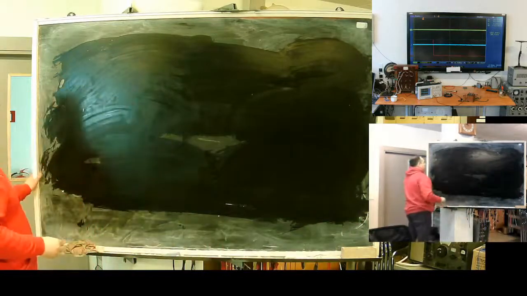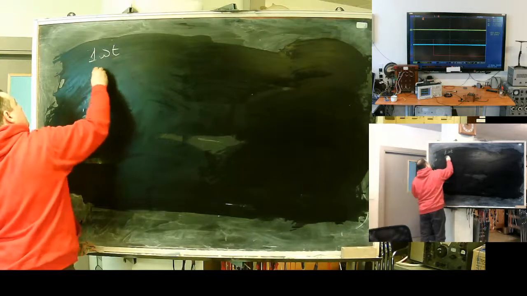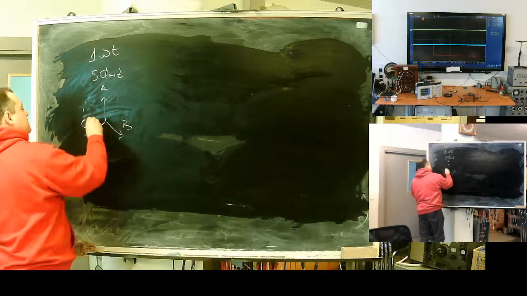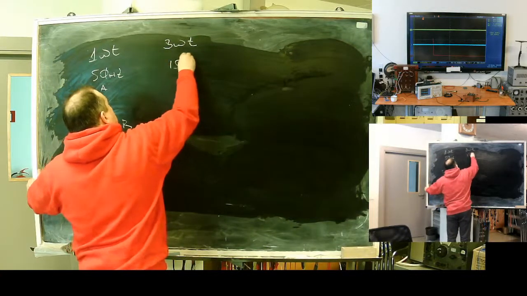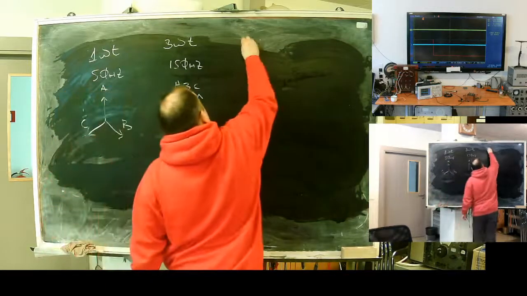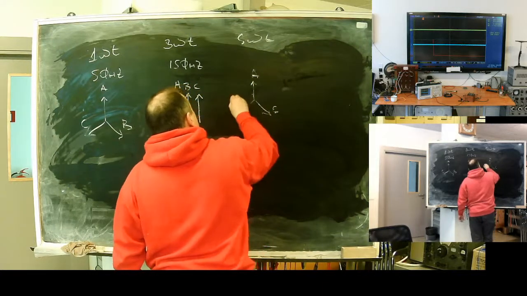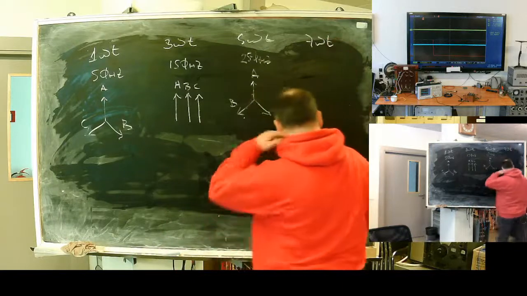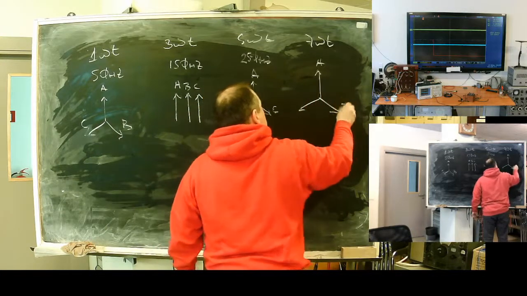If we continue it this way, we will see a table like this. 1 omega t, 50 Hertz, normal A, B, C sequence. 3 omega t, 150 Hertz, A, B, C. 5 omega t, star A, C, B, 250 Hertz. 7 omegas, again nice A, B, C star.